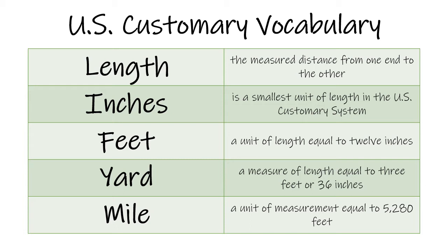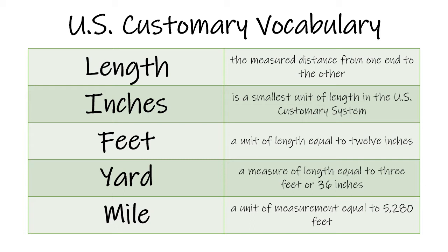You know that inches are the smallest unit in our customary system, and then comes feet. There's 12 inches that make up a foot. And then the next largest is the yard. So a yard is equal to 3 feet or 36 inches. And then the largest unit we have is the mile. A mile is a measurement of 5,280 feet.